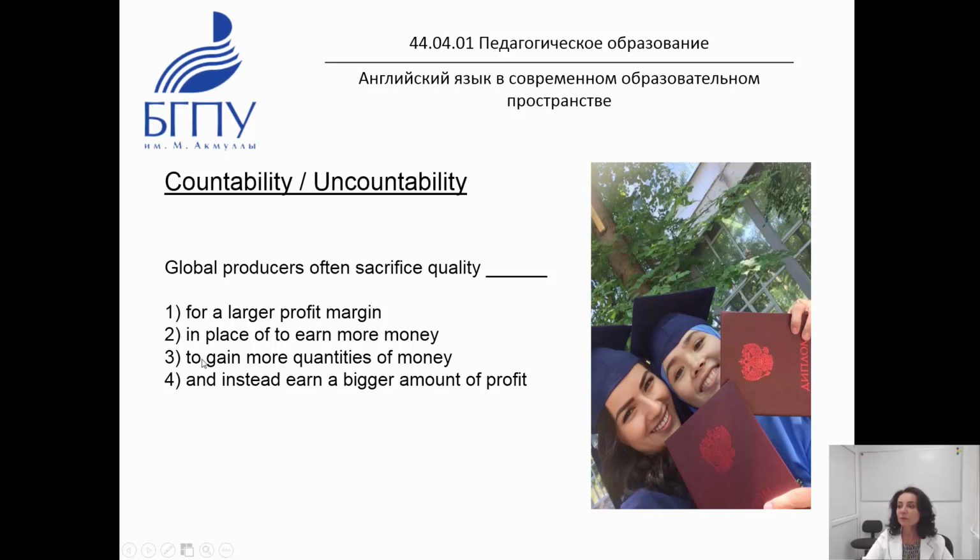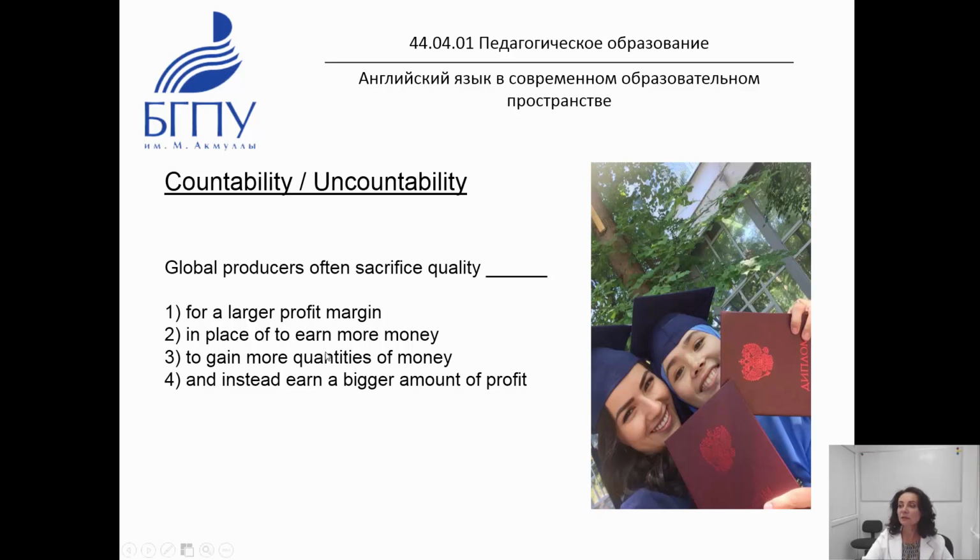Then, number 2, in place of to earn more money. More money seems to be okay. But the middle part of the insertion string is not pretty good, since in place of sounds right, but the fact is, if the phrase ends up with a preposition, the rule is that after a preposition we can use either a nominal phrase: in place of the job, in place of profit, in place of the producer, and so on and so forth, or a gerundal form.